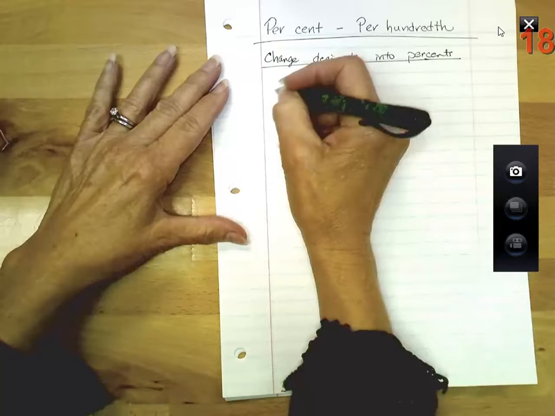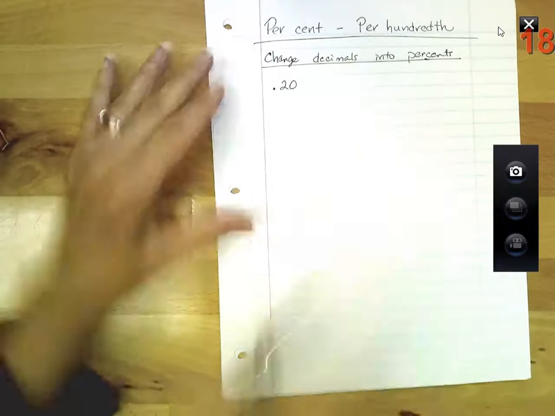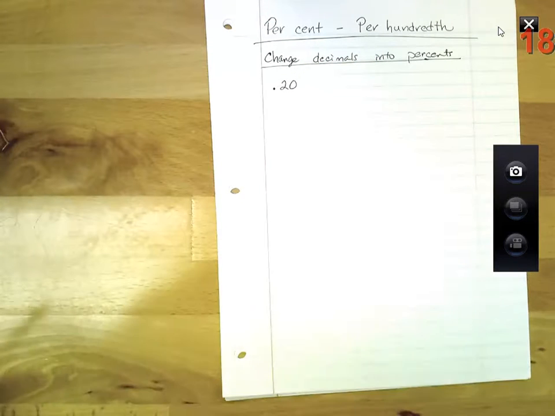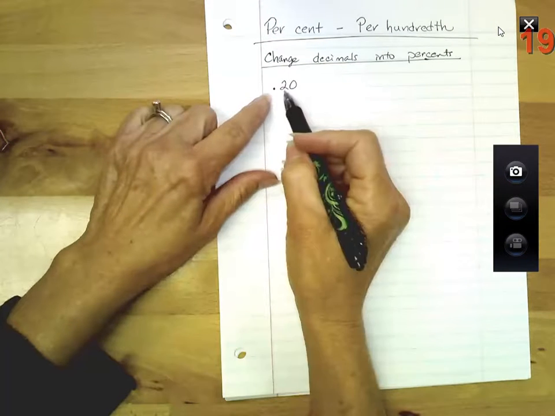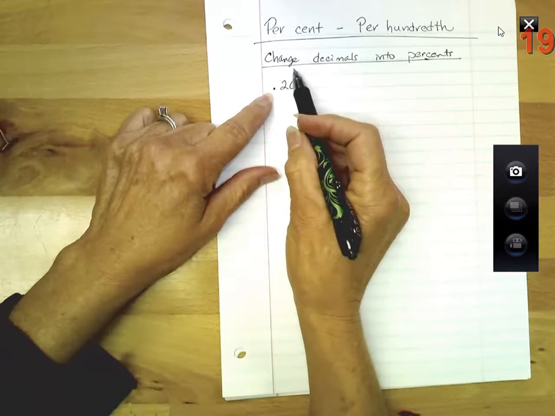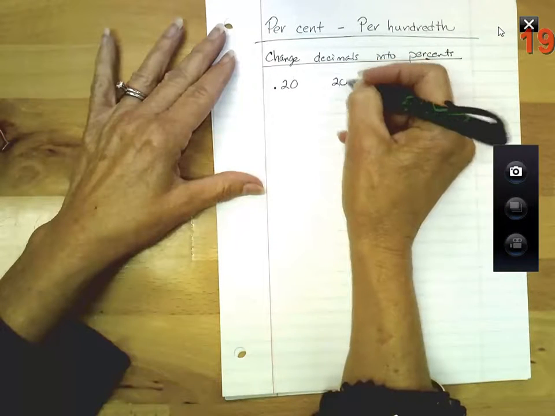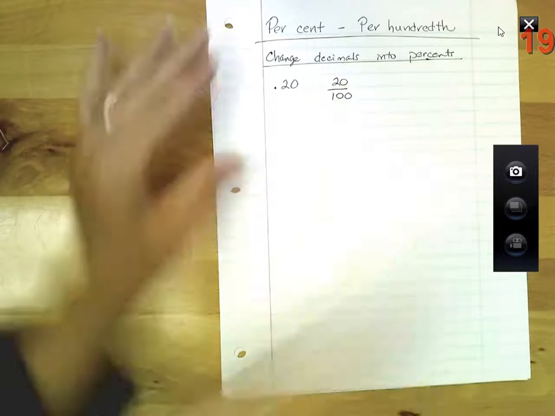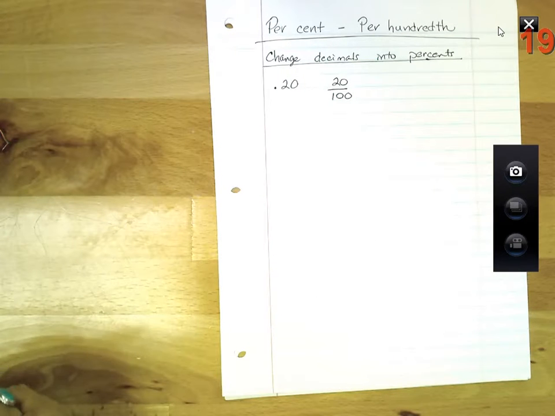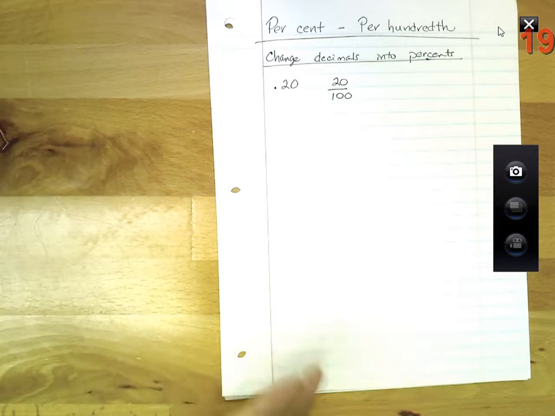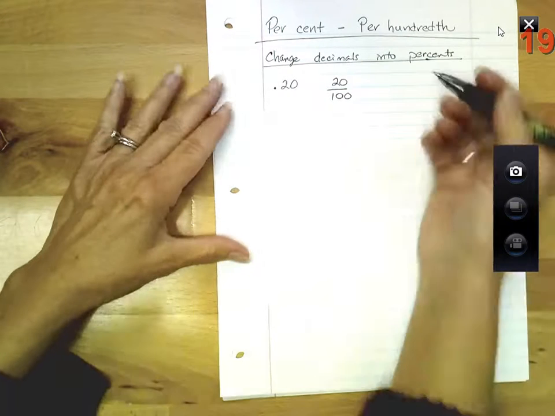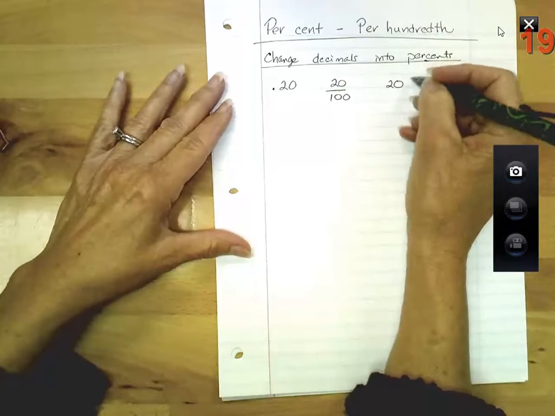If you read this as 0.20, it means nothing to your brain. That's the way most of us read it. But it is really 20 hundredths. So that's what it looks like as a fraction. Then if percent means hundredths, that is 20%.